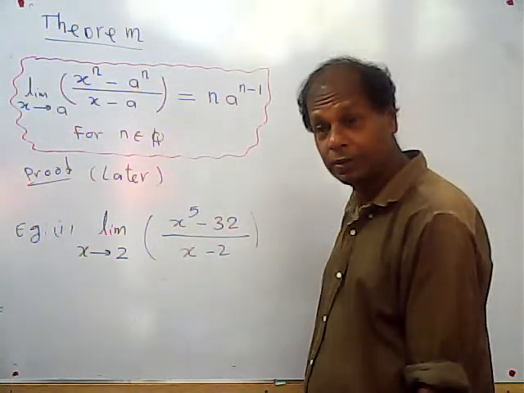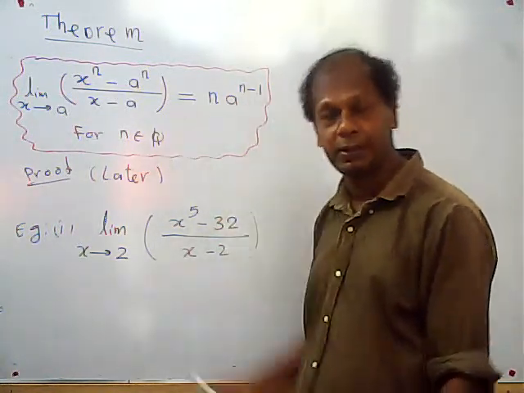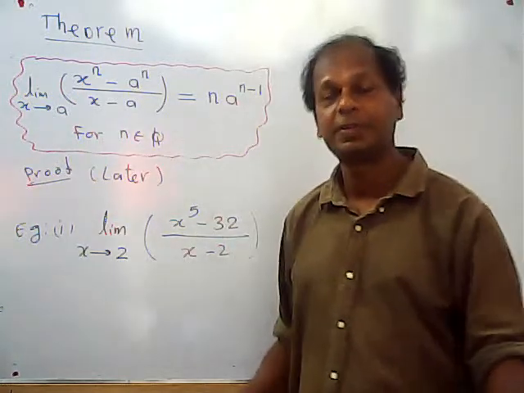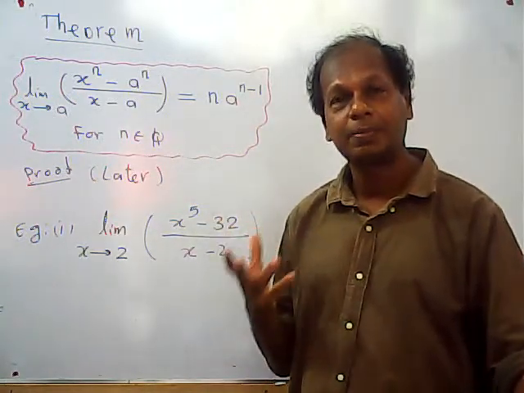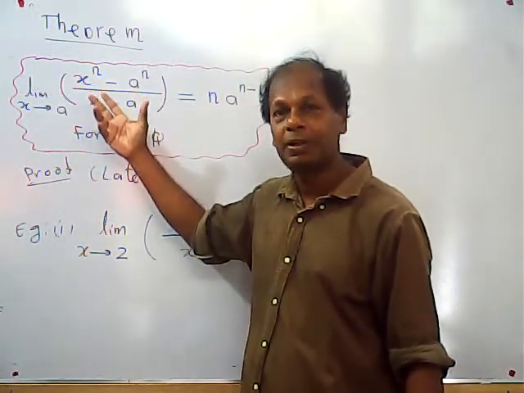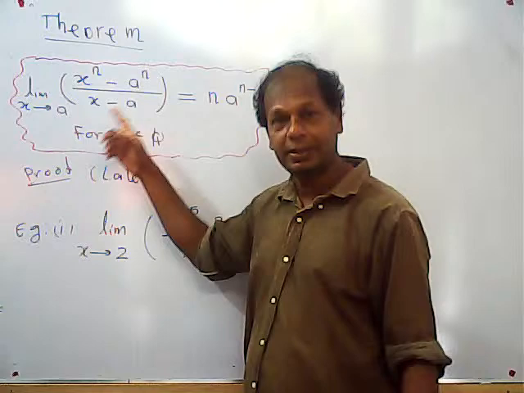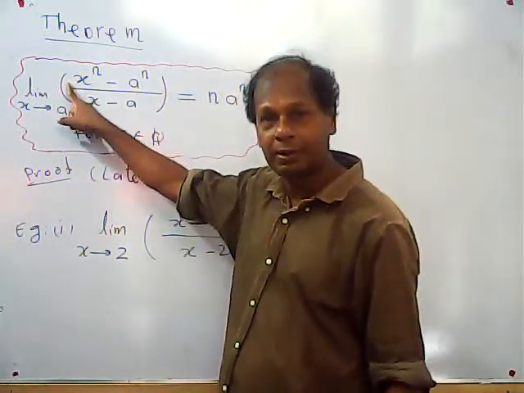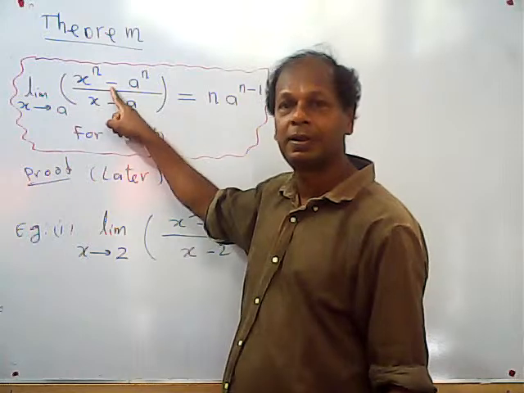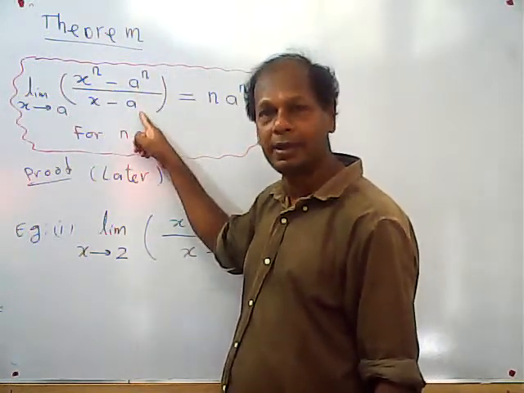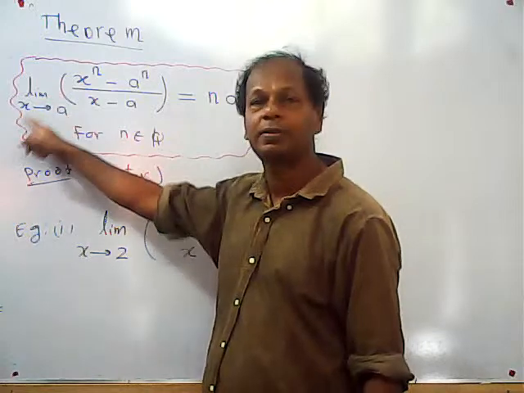Now remember that to use this theorem, or whatever theorem in mathematics, or principles you learn in physics and chemistry, to apply it to a given problem, everything should be nicely set like this. What is the form? x to the power n minus a to the power n divided by x minus a, and the limit as x goes to a.